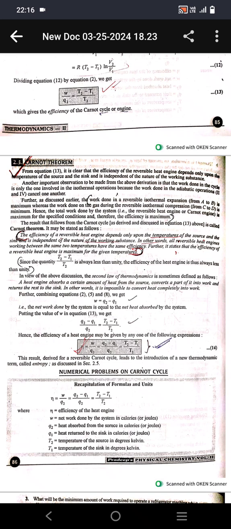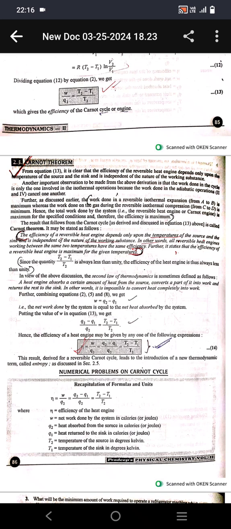Since the quantity (T2 minus T1) divided by T2 is always less than unity, the efficiency of the heat engine is thus always less than unity. In view of the above discussion, the second law of thermodynamics is sometimes defined as: a heat engine absorbs a certain amount of heat from the source, converts a part of it into work, and returns the rest to the sink.